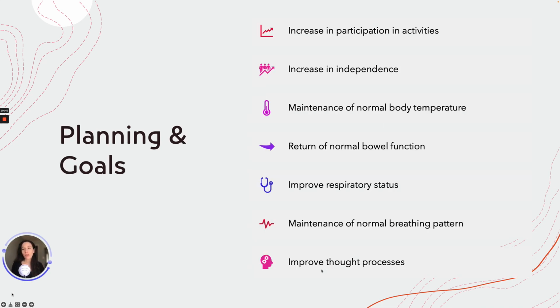So our planning and goals for these patients, we can have increase in participation in activities, increase in independence, maintenance of normal body temperatures, return of normal bowel functions, improve respiratory status, maintenance of normal breathing patterns, and improve thought processes.